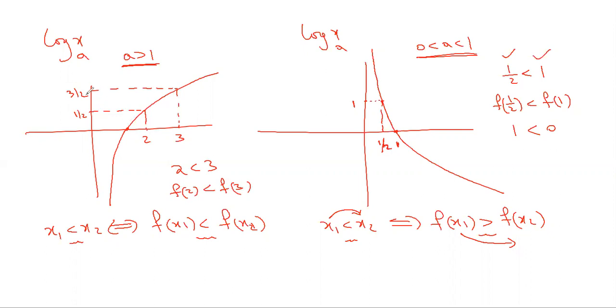So f of 3 is greater than f of 2, right? Yes, sir. So why did it happen? Because it is an increasing function. When you increase the x value, f of x also increases. The x values and f of x values are directly proportional in an increasing function, and here they are inversely proportional.